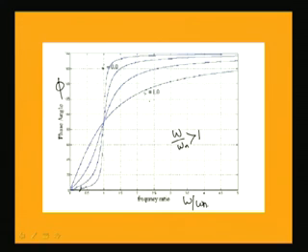Also, irrespective of damping, you can observe that it has a phase angle of pi by 2 at omega equal to omega n. So, at omega equal to omega n, this angle is 90 degrees.